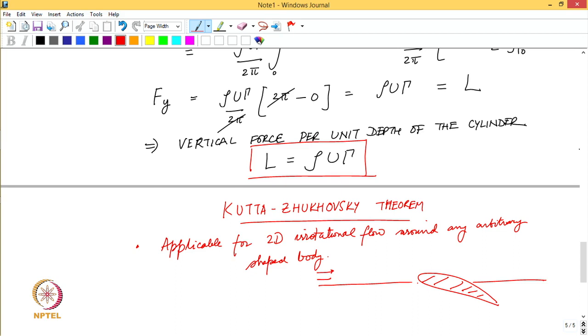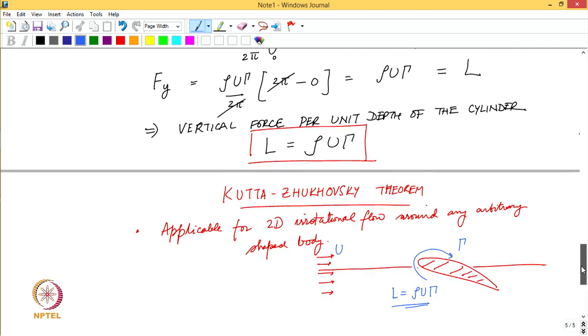If you had flow going over this airfoil, knowing the circulation around the airfoil, which I can denote by gamma, and there is this velocity u, I could say that the lift force would be rho u gamma. That was the utility of this theorem. Any arbitrary shaped body, as long as there is some circulation, the lift force would be non-zero.